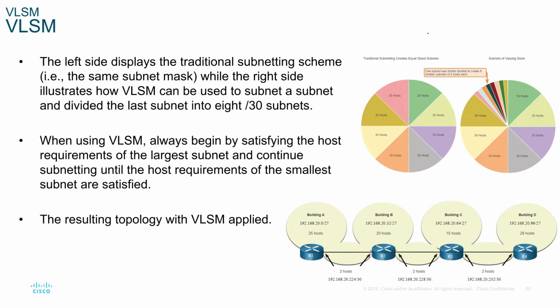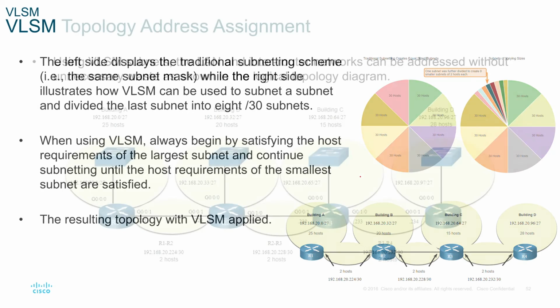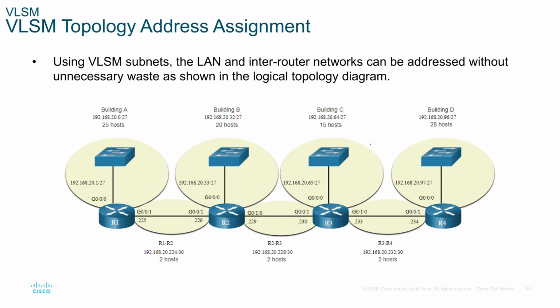And as you can see, we're using a /30. So using VLSM subnets, the LAN and inter-router network can be addressed without unnecessary waste, as shown in the logical topology diagram.